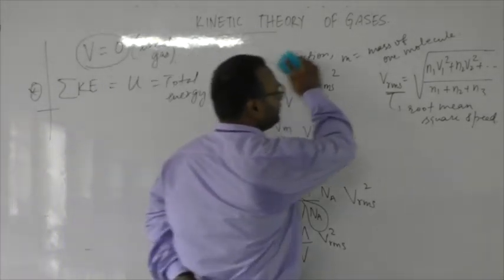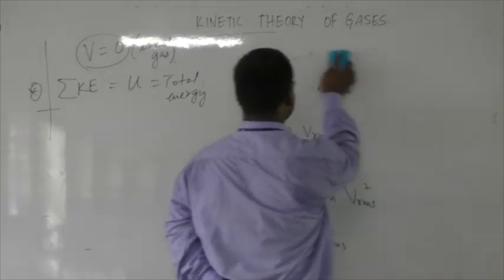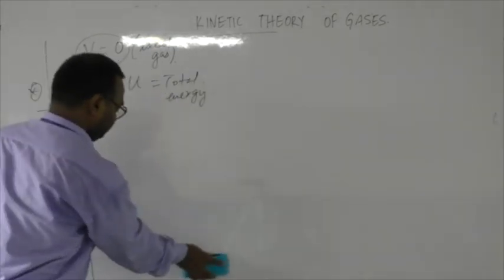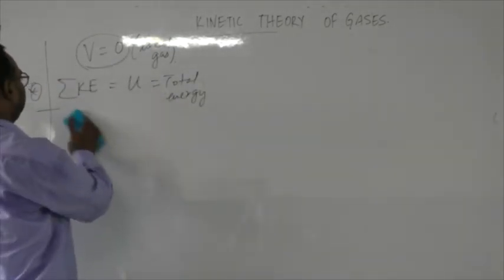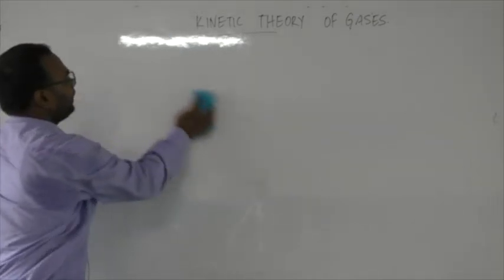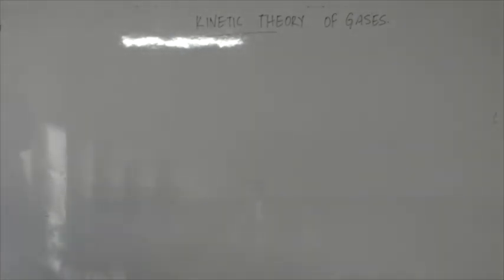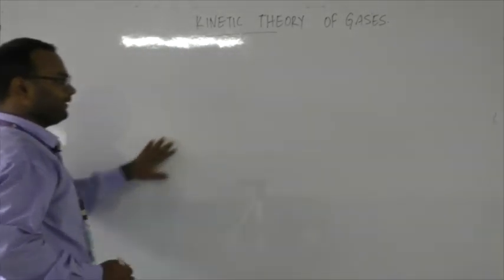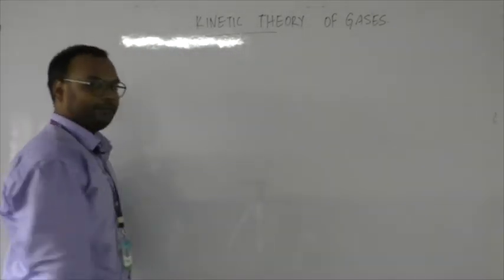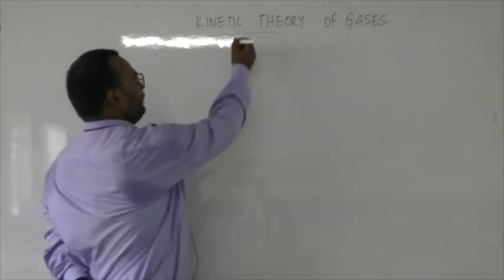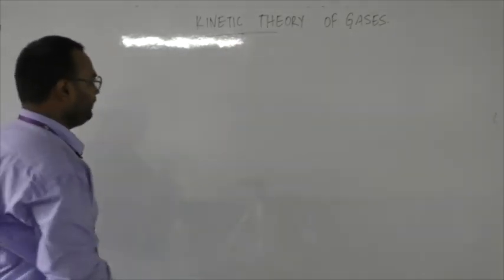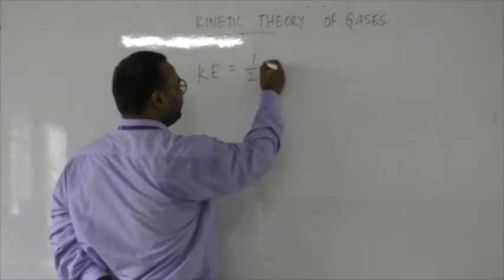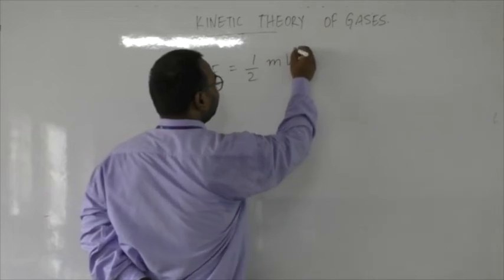Let us discuss some gas laws. So you have found the dependency of gas pressure on density. Before going to gas laws, consider one thing: kinetic energy is 1 by 2 mv square.